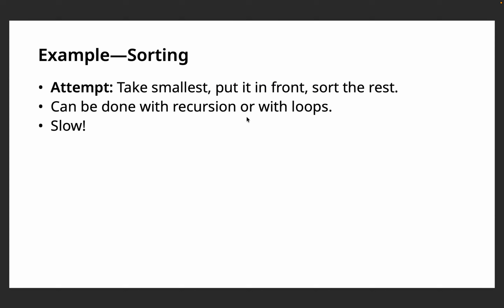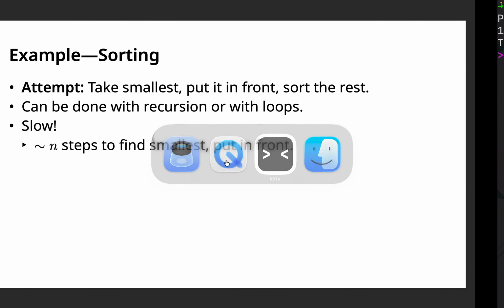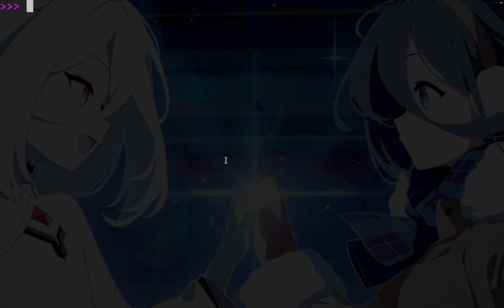If you try to do that, this is actually going to be slow. Why is this slow? Let's look here. Say we have 3, 1, 4, 2. This is our sequence. What we're doing is taking the smallest element, that's 1, and adding that onto whatever the result is from calling sorted on 3, 4, 2.